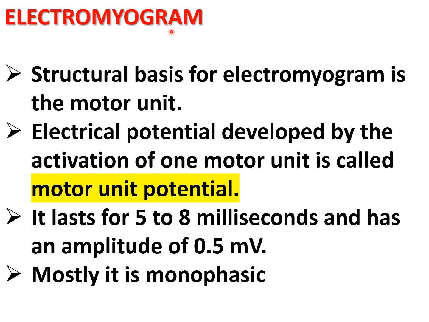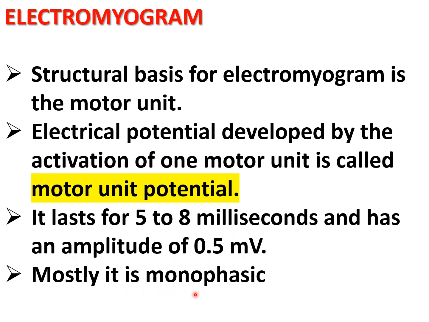Then what is electromyogram? The structural basis for the electromyogram is the motor unit. The electrical potential developed by the activation of one motor unit is known as motor unit potential, and it lasts for about 5 to 8 milliseconds and has an amplitude of about 0.5 millivolt.